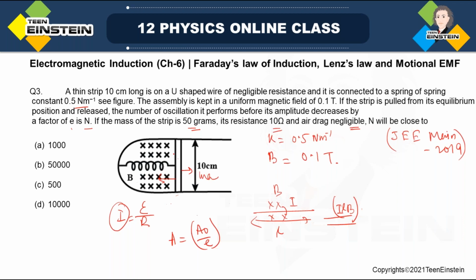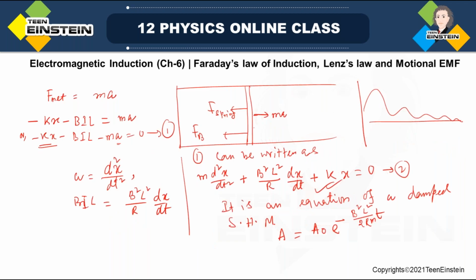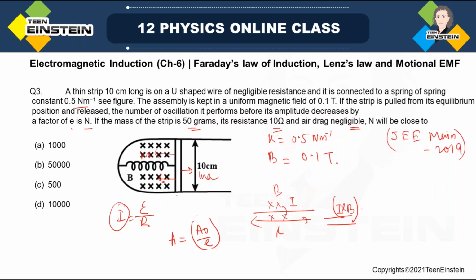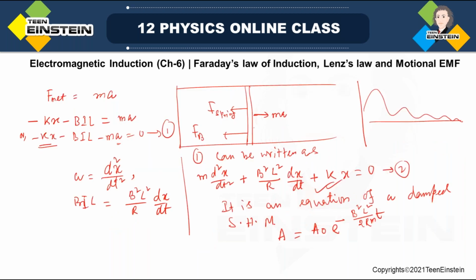And the spring also will pull the strip this way, so there will be another force, kx. So we have both forces, and then we can write down an equation of motion, which turns out to be a damped harmonic oscillation, and from there we can directly write the amplitude of the oscillation.